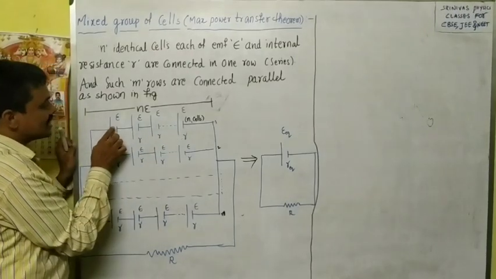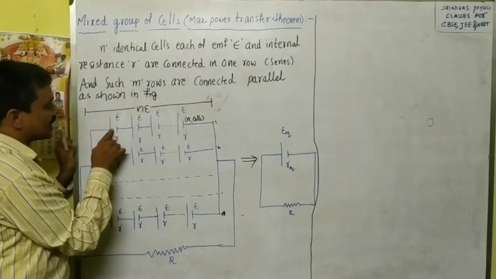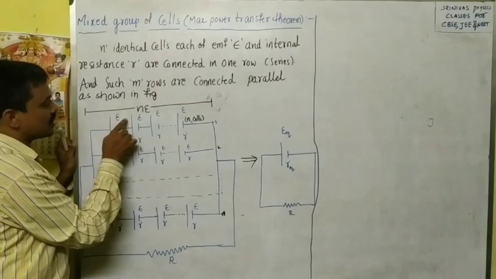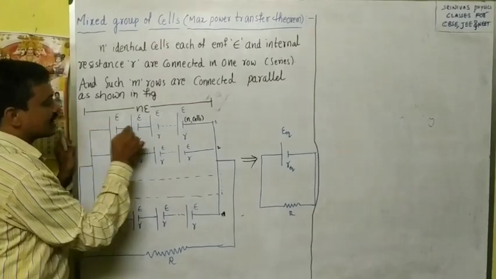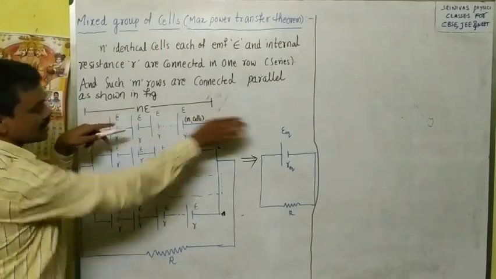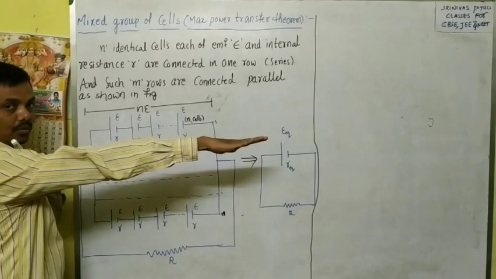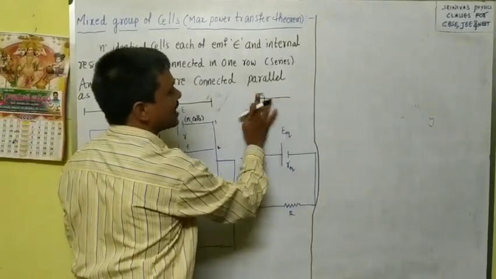N cells, each of EMF E and internal resistance r, are connected in one row in series. This is one row. In one row there are n cells.